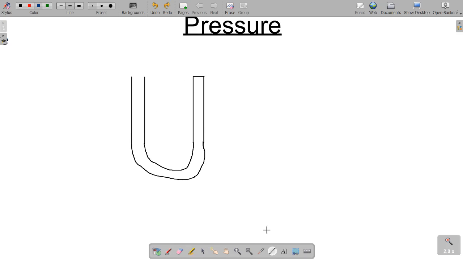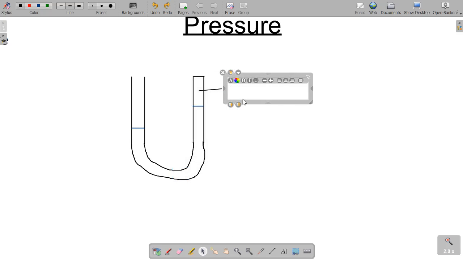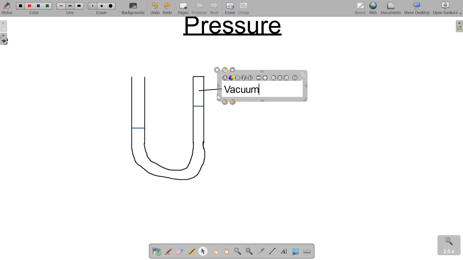On one side, there's an open end for air or whatever to go in, and here is basically a vacuum, so this doesn't affect the pressure at all.